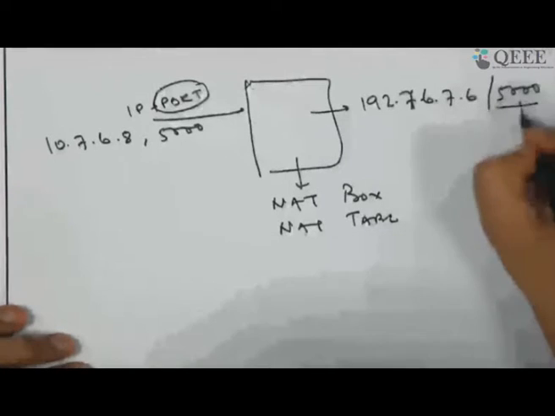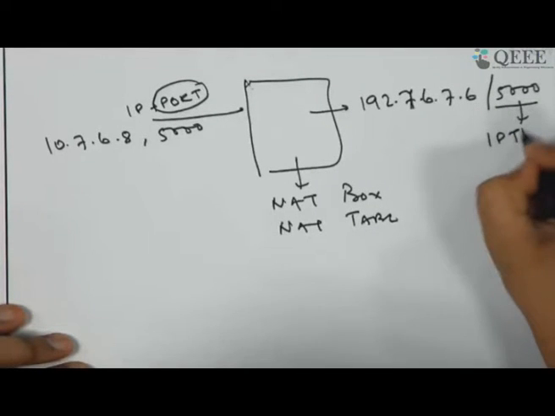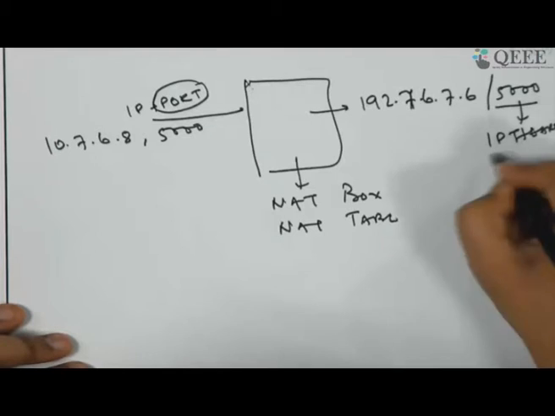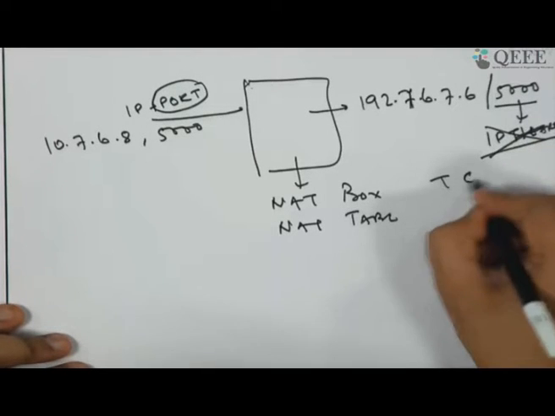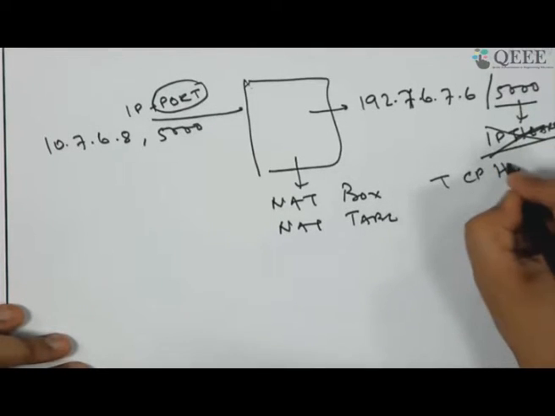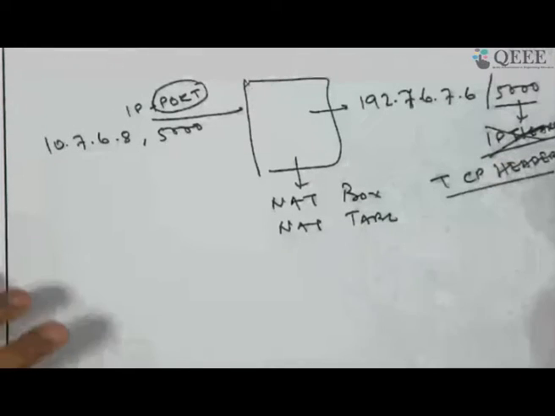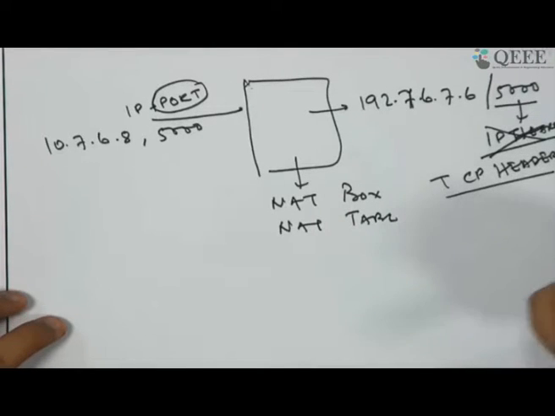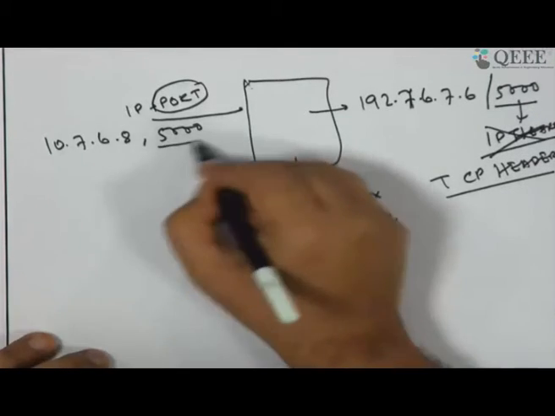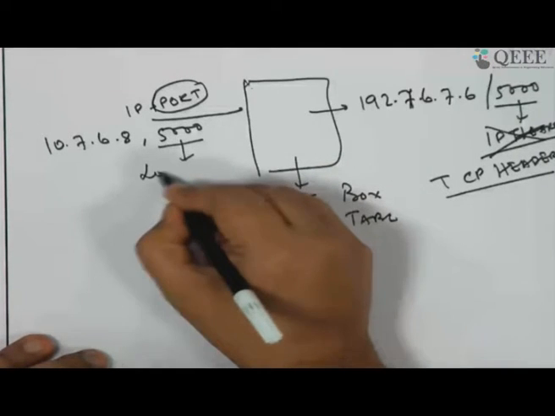Although this port number doesn't stay in the IP header, it stays in the TCP header or UDP header, the upper level header, still you can do this. What is the problem of doing this? What is 5,000? 5,000 is the source port.